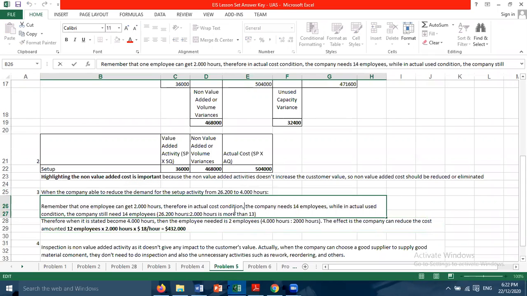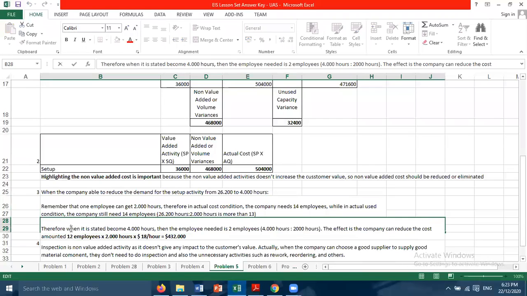So in actual cost condition, we need 14 employees to get the 28,000 setup capacity, right? While in actual use, we also still need 14 employees because 26,200 hours requires at least above 13 employees, right? However, when we reduce the setup activity from 26,200 to 4,000, all we need is 2 employees.